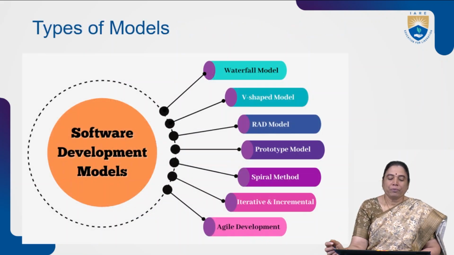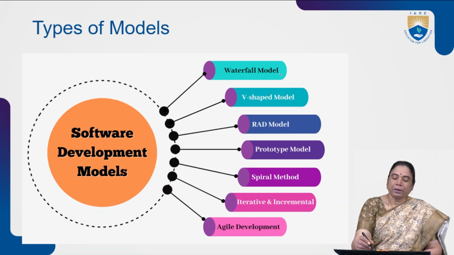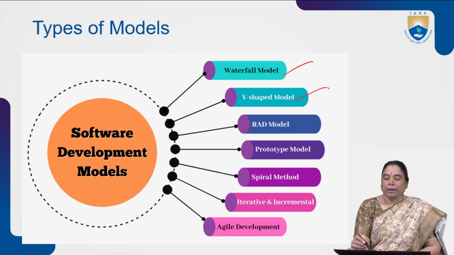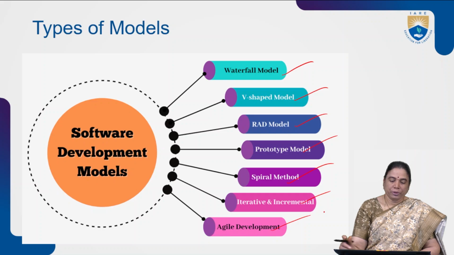A variety of software development models are available. They are the waterfall model, V-shaped model, RAD model (rapid application development model), prototype model, spiral model, the iterative and incremental method, and agile development approach.